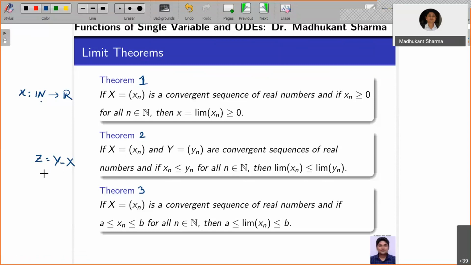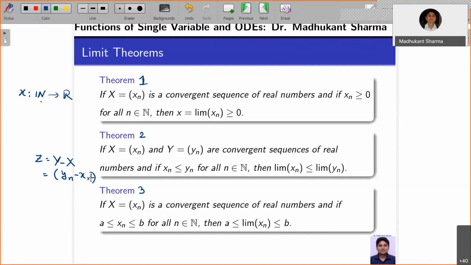So y minus x is identified as yn minus xn. Since xn is less than or equal to yn, the nth term of this sequence is always greater than or equal to 0, so yn minus xn is greater than or equal to 0. This is a sequence which has the property that its nth term is always greater than or equal to 0 for any n.